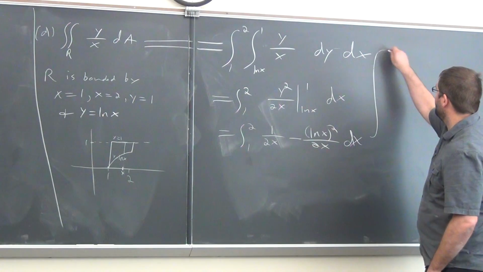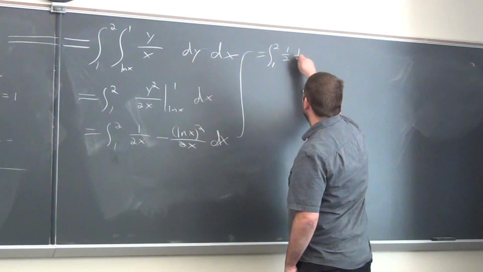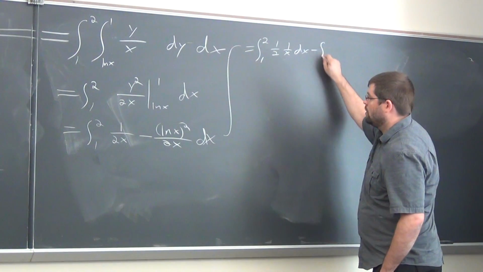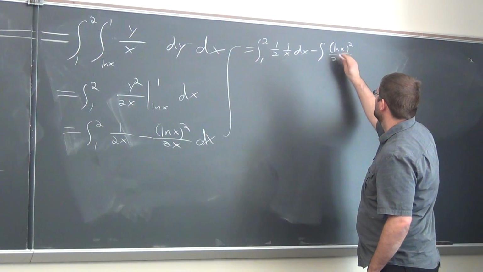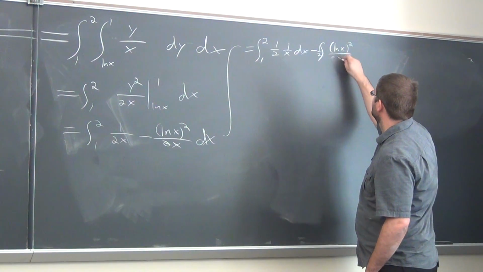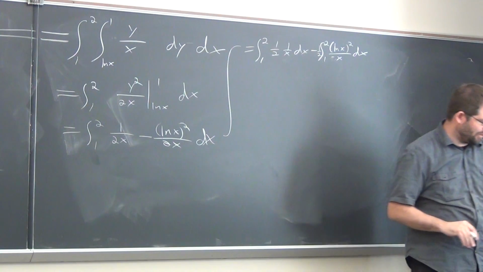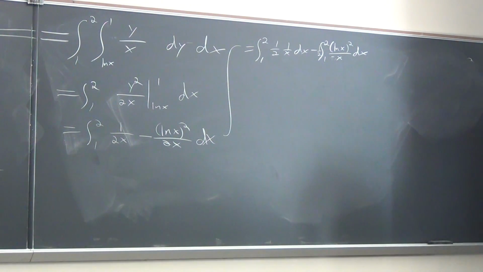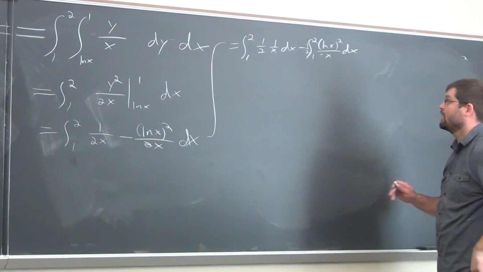And then you have to integrate both of those, and I'll split them up into two different integrals. Okay, so you have those two integrals. That first one's not so bad, right?